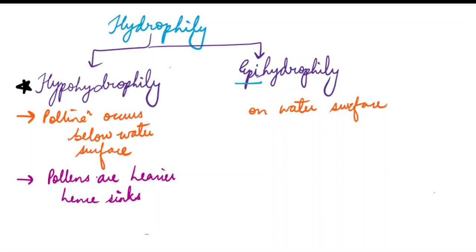So here the pollens are heavier and the stigma is present below the surface. The example of this type, hypohydrophily, is Zostera.